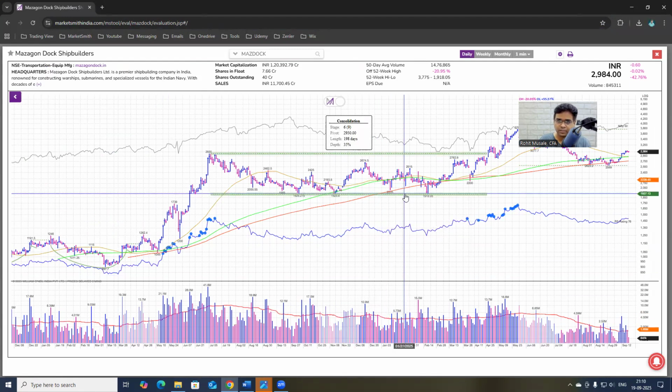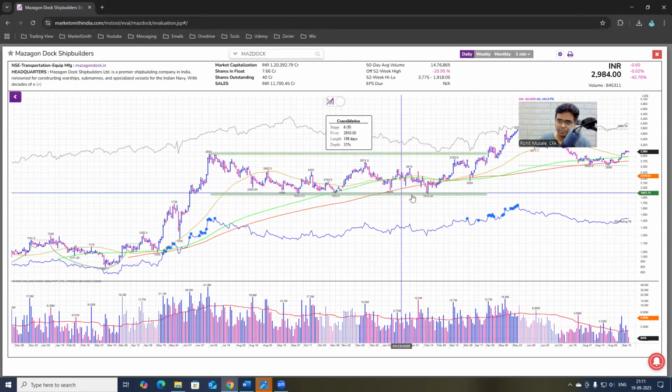When I go here, it says consolidation stage 6, which means this is base number 6 and they call it consolidation. And this is from, as he mentioned the date, from July 2024 to April 2025, which is well within the 52-week period.